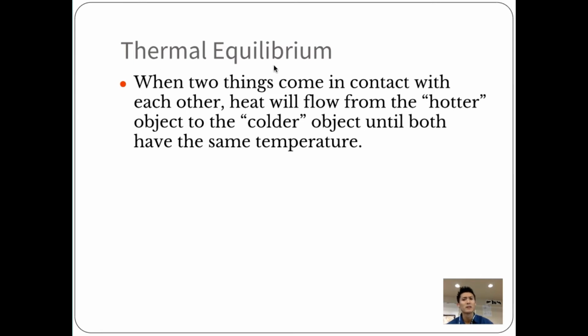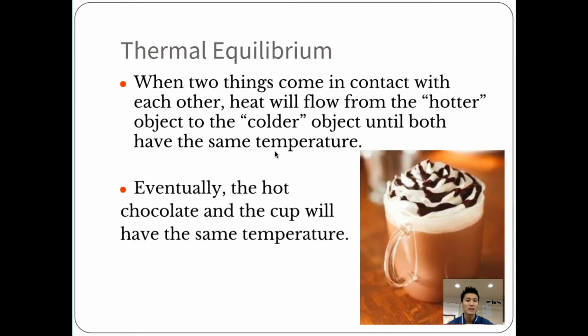So we call this thermal equilibrium, where the temperature of the objects will eventually reach this balance point, or this equal point. Or in other words, the heat will flow from the hotter object to the colder object until we have the same temperature. Another good example of this is if you buy a Frappuccino from Starbucks, eventually it will cool down. We have things that will slow down that process, but eventually it will become lukewarm, just like the room temperature.